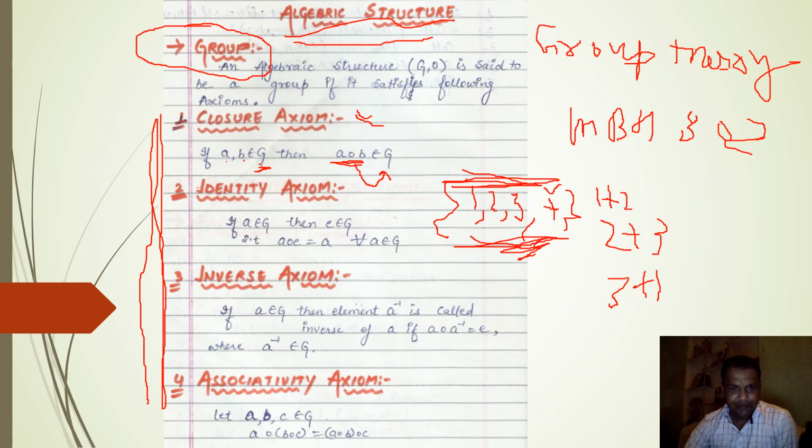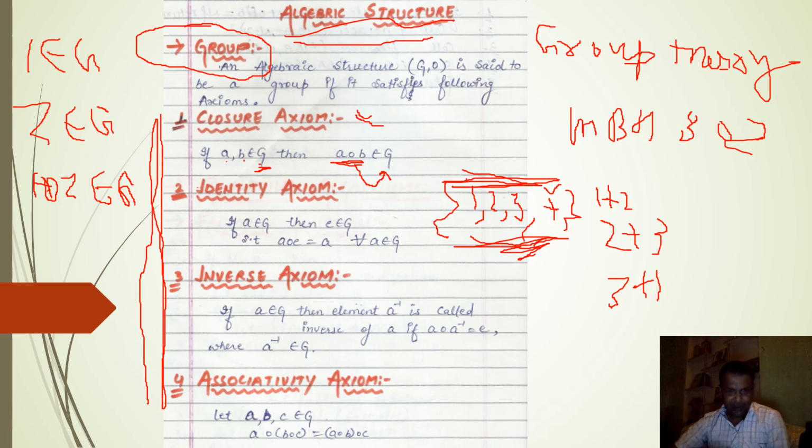For example, suppose 1 belongs to the set G, 2 also belongs to the set G. Then their sum must also be available, that is 1 plus 2, or we can say that 1 operation 2, it must be available in G. This property is known as closure axiom.